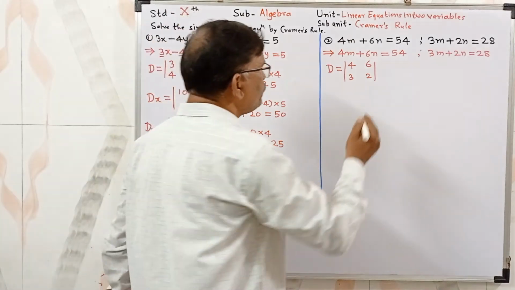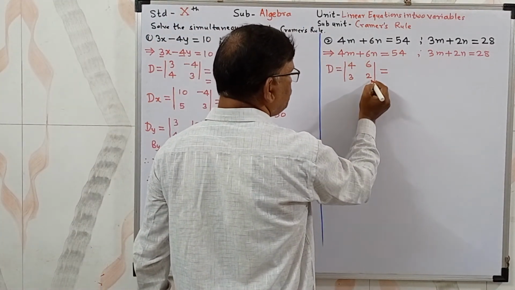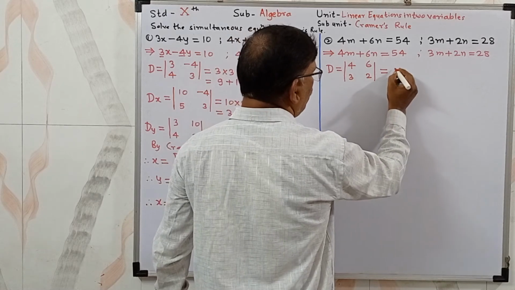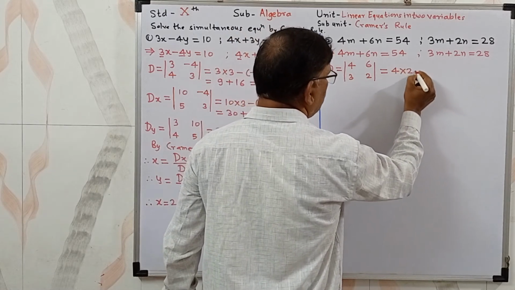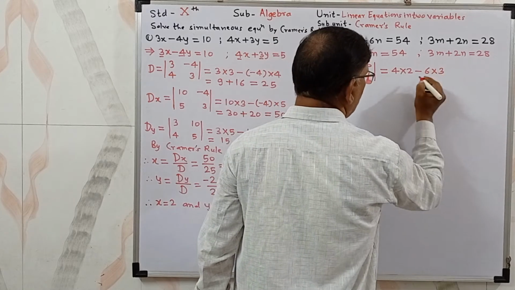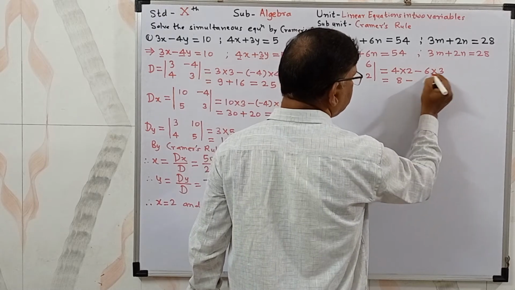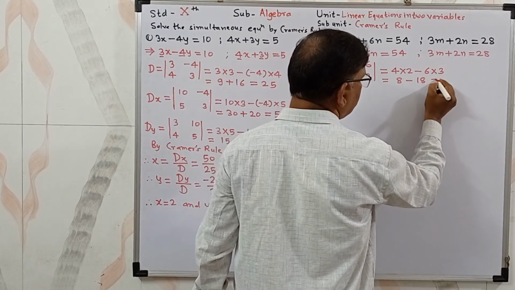Okay, understood? So now write down, at cross multiplication, 4 into 2 minus 6 into 3. So 4 into 2, 8, minus 6 into 3, 18.